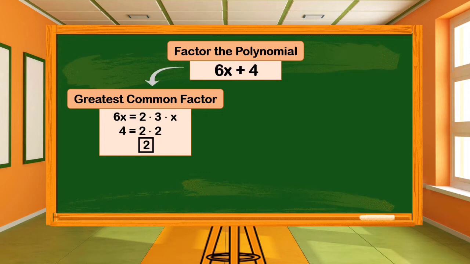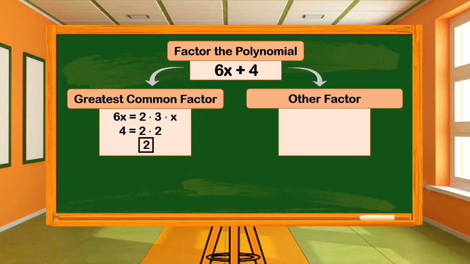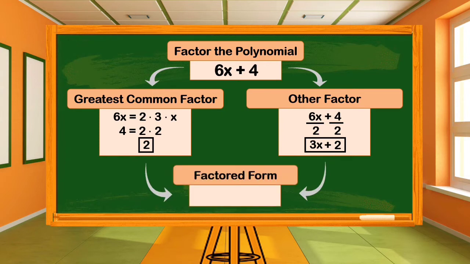The next step is to determine the other factor by dividing the given polynomial by its GCF. So we have 6x divided by 2 is equal to 3x, and 4 divided by 2 is equal to 2. And the last step is to express the polynomial as the product of the GCF and the other factor. Therefore, the factored form of 6x plus 4 is 2 times the quantity 3x plus 2.